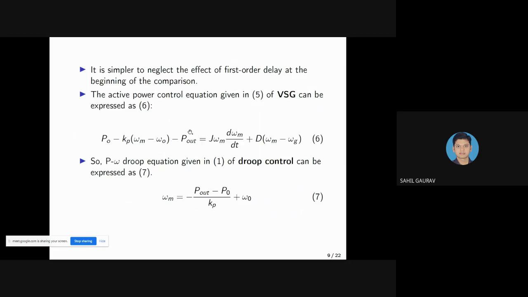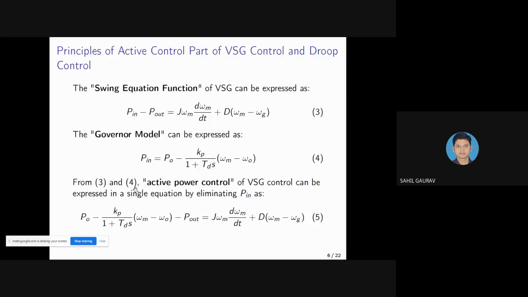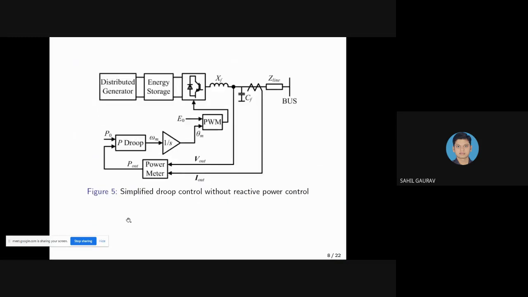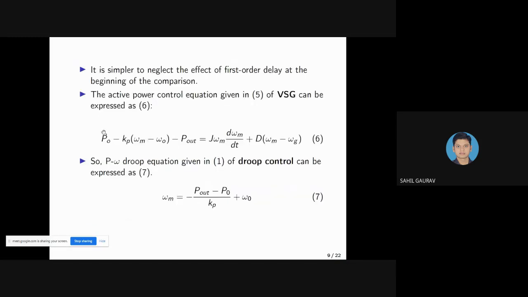Here I just remove this part, 1 divided by 1 plus TDS, and it comes out to be this equation. So the first order delay effect has been removed from the active power control equation, and this comes out to be equation number 6.